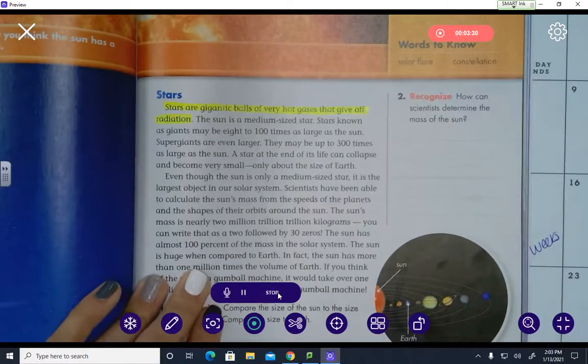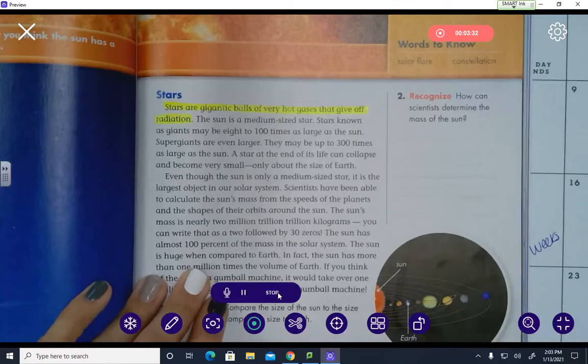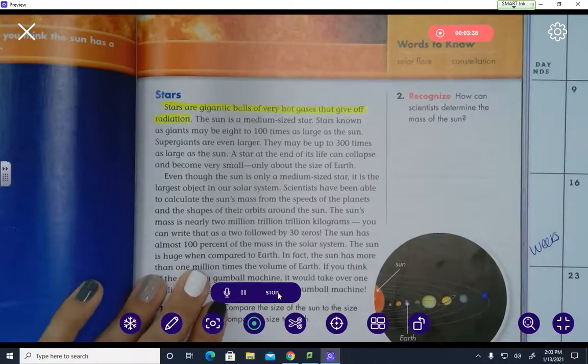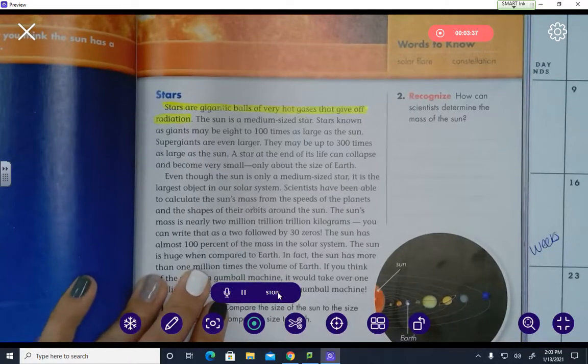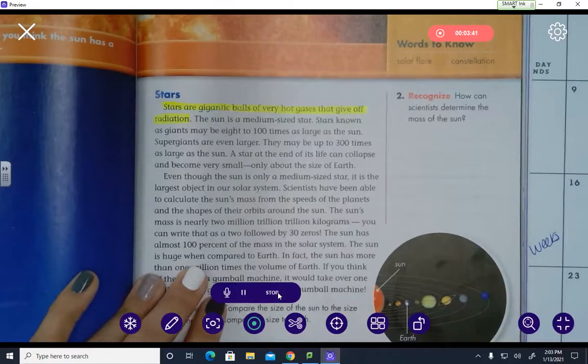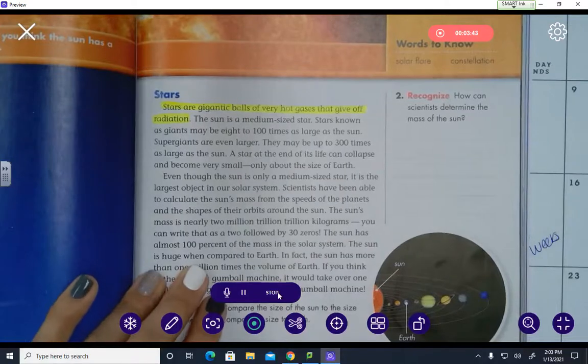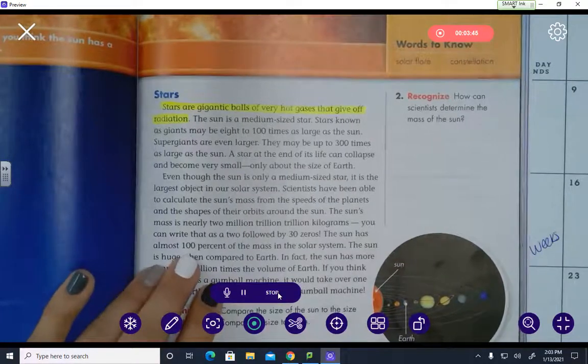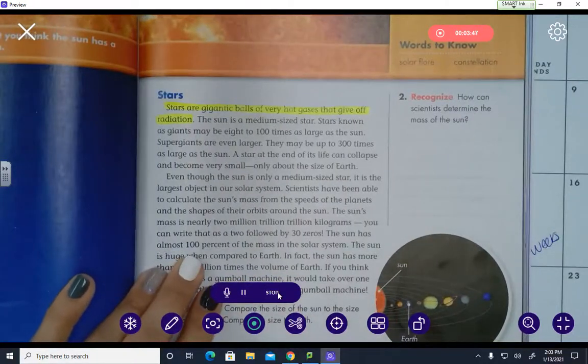The sun is a medium-sized star. Stars, known as giants, may be 8 to 100 times as large as the sun. Supergiants are even larger. They may be up to 300 times as large as the sun. A star at the end of its life can collapse and become very small, only about the size of the Earth.